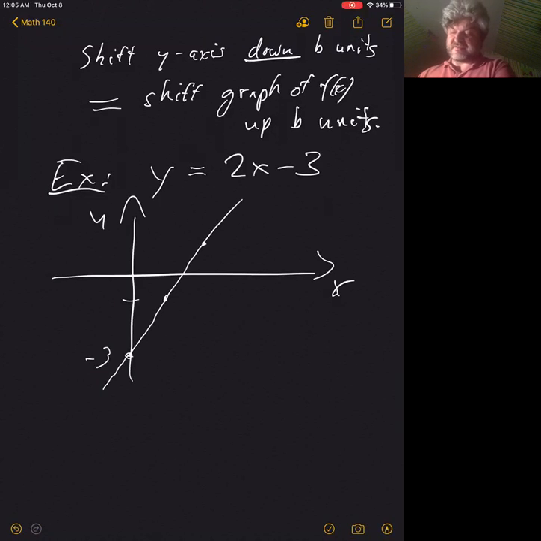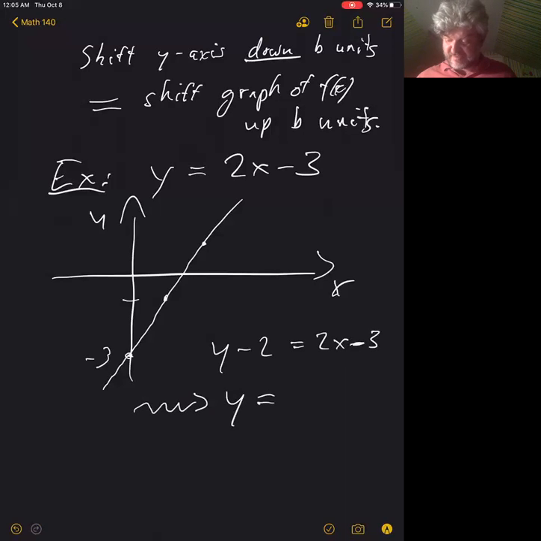Now, what happens if we want to shift this, say, 2 units up? So we need to look at y minus 2 is 2x minus 3. And if you want to have your function equation in standard form, just add 2 to both sides.